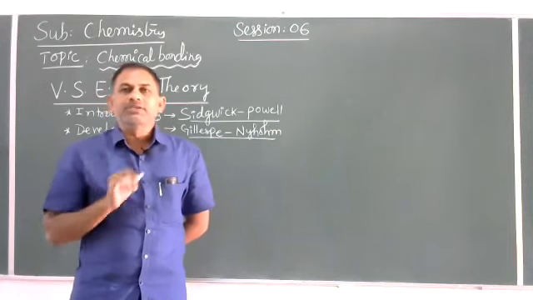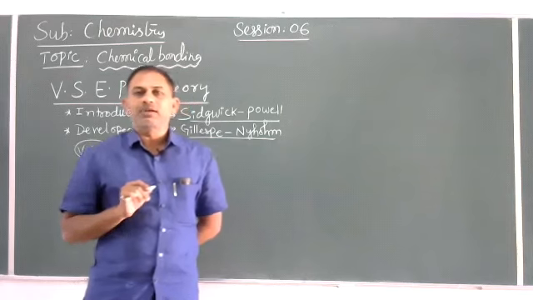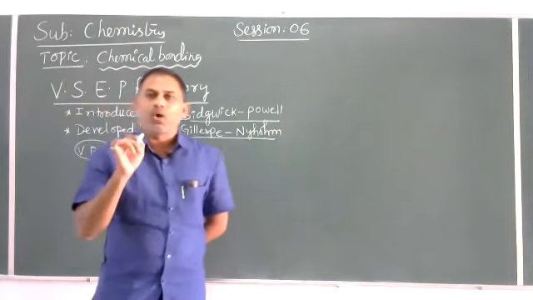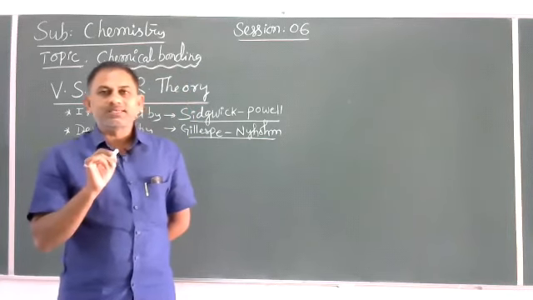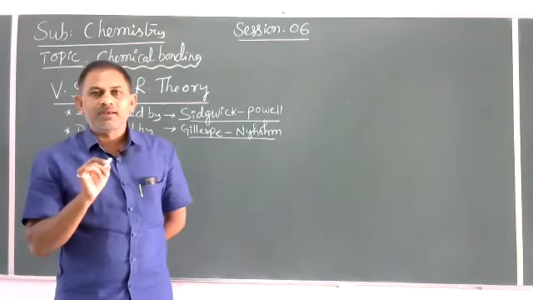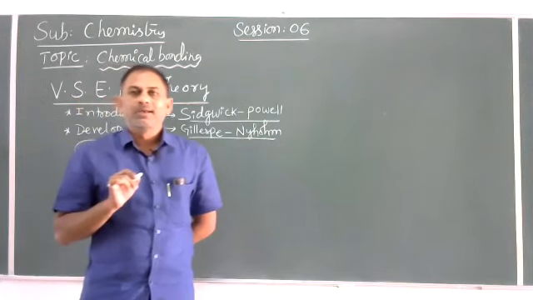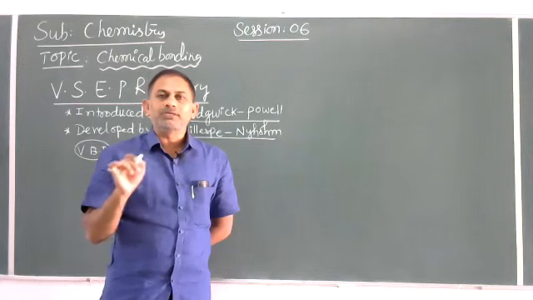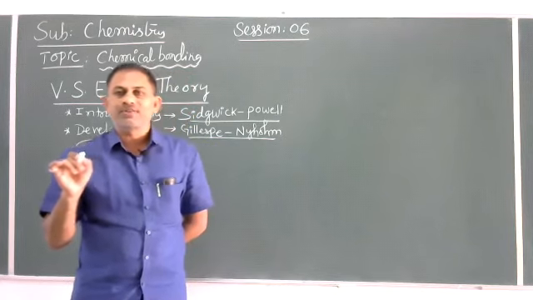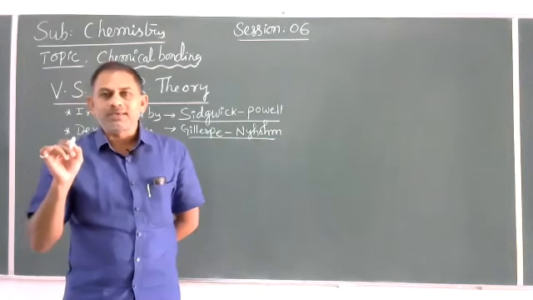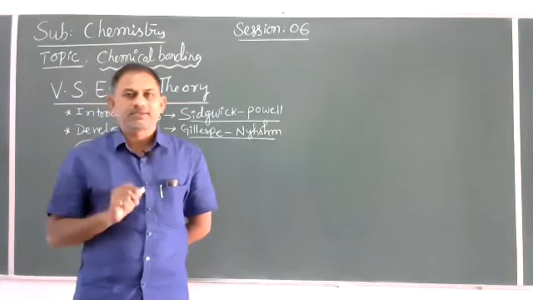Based on VBT, only valence unpaired electrons participate in overlapping: s-s overlapping, s-p overlapping, p-p overlapping. Among these, the more the extent of overlapping, the more the bond strength. p-p overlapping is more than s-p, which is more than s-s.